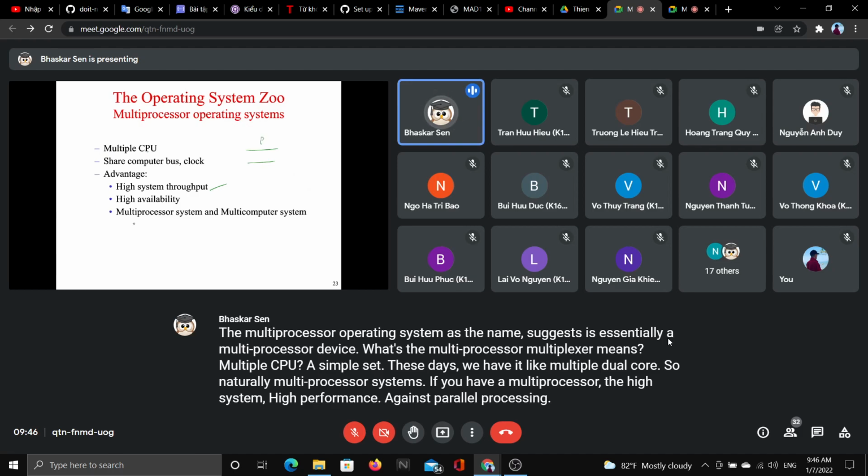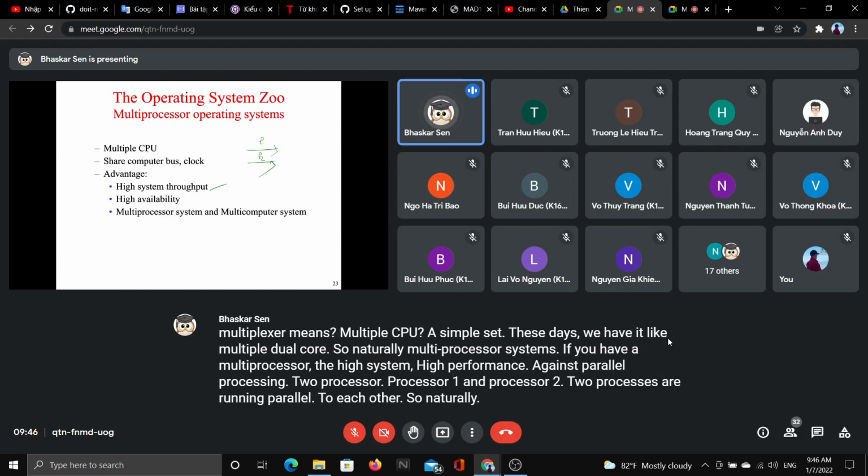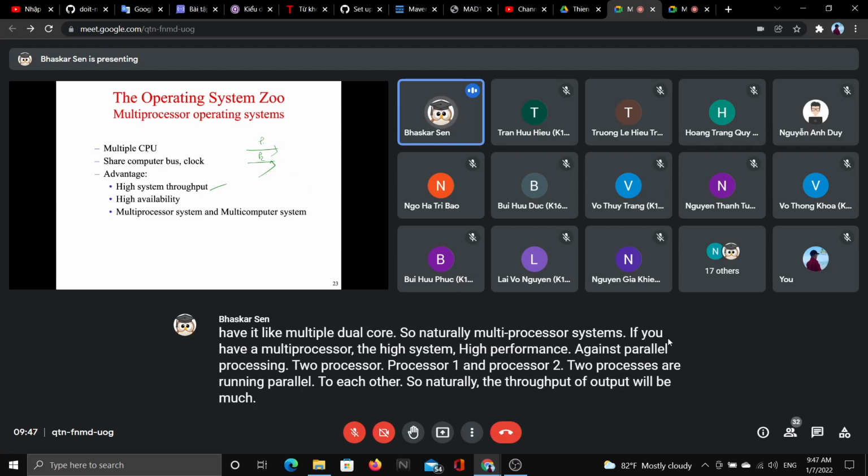Two processors, processor 1 and processor 2, are running parallel to each other. So naturally, the throughput or the output will be much enhanced, with high availability.